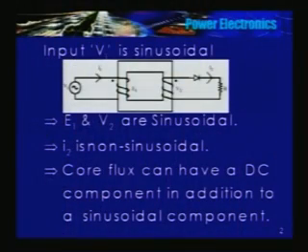The secondary current has a sinusoidal component and a DC component. The flux in the core has a sinusoidal component, produced by the magnetizing current, which induces a sinusoidal voltage in the primary as well as in the secondary.